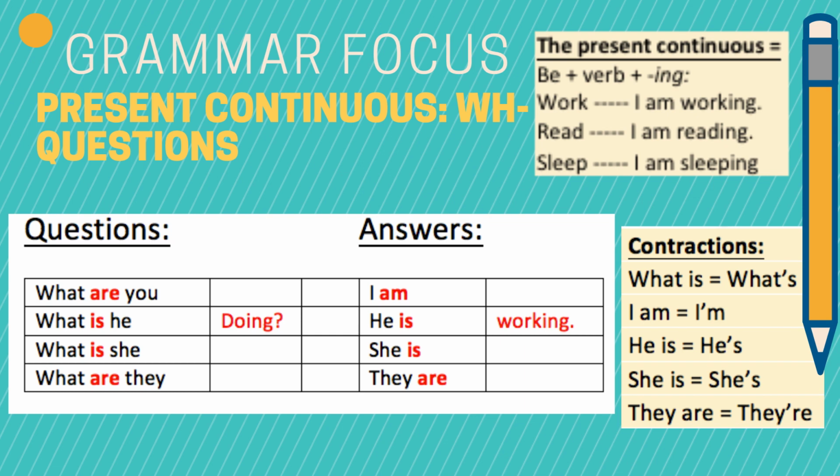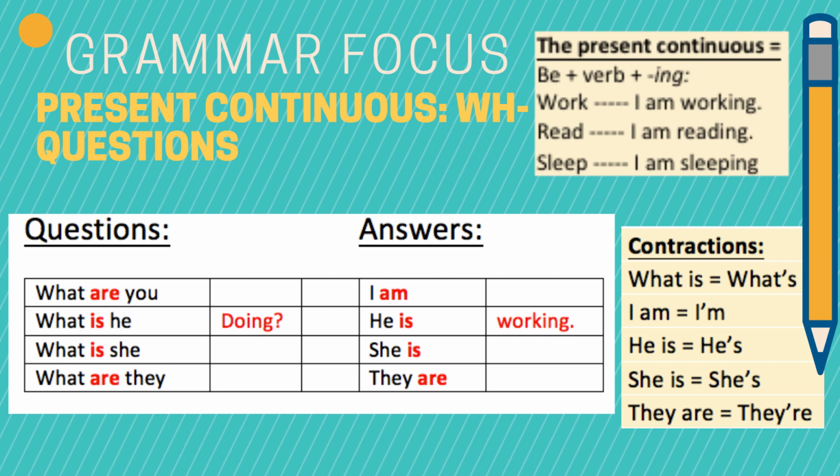I am working. The word read in present continuous is reading. I am reading. And the word sleep becomes sleeping. I am sleeping. All of these are talking about an activity or something that we're doing right now.